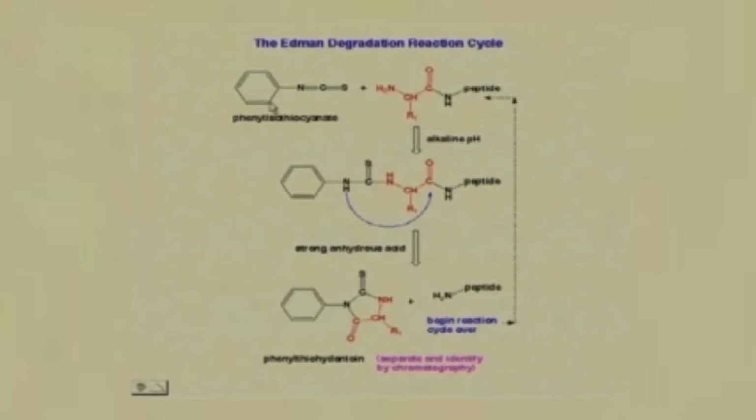So essentially in Edman degradation, we have a phenyl isothiocyanate interact with the amino terminal of a peptide chain, and what happens is we have the cleavage of the peptide, forming a new amino terminus, and we have a cyclic phenylthiohydantoin derivative which has linked to it the first amino acid that was part of the original polypeptide chain.